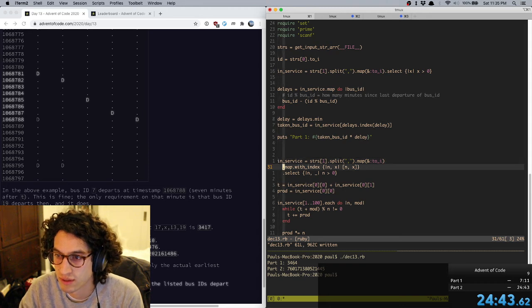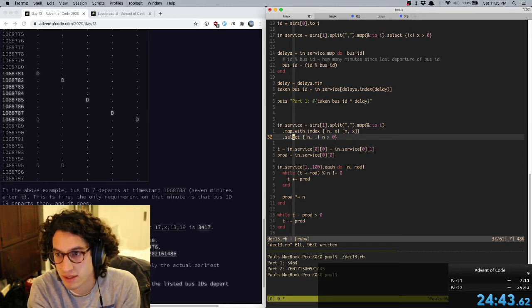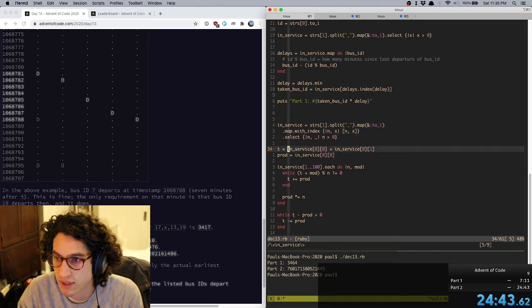So I first get each bus and their mod here.